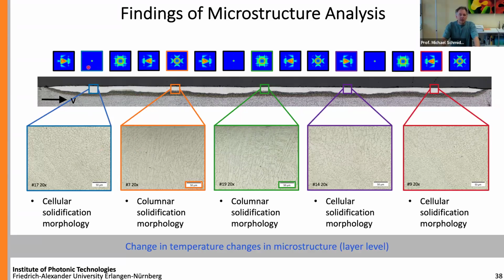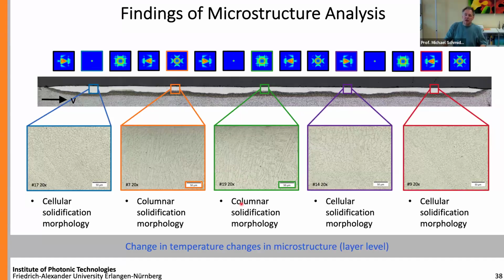So here, of course, we have the deepest molten pool, and we reach a cellular solidification morphology, the same for the two triangles, but for the quadratic shape as well as for the donut shape, we have a more columnar solidification morphology.